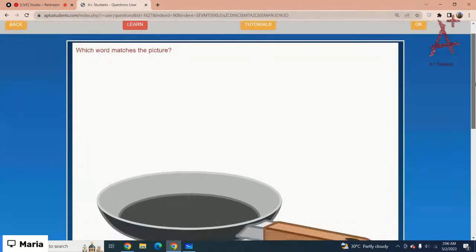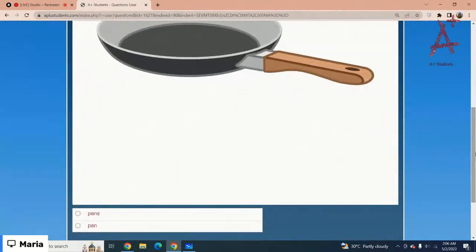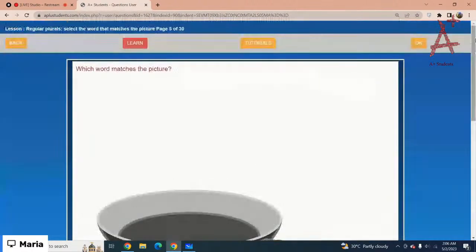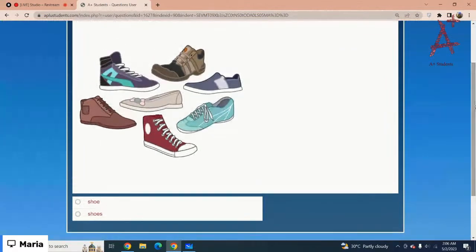Which word matches the picture? Pen or pans? We have just one, so this is a pen. You don't need to add s. Which word matches the picture? Shoe or shoes? Which is the correct option?